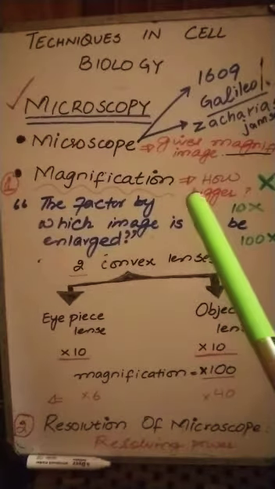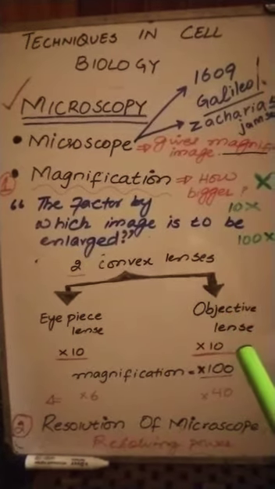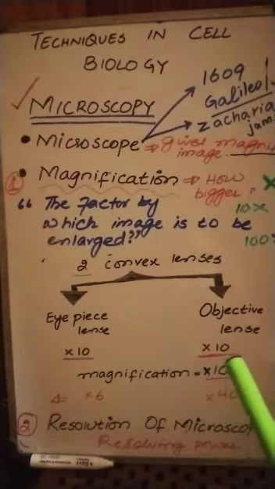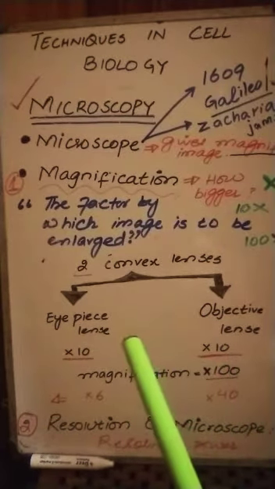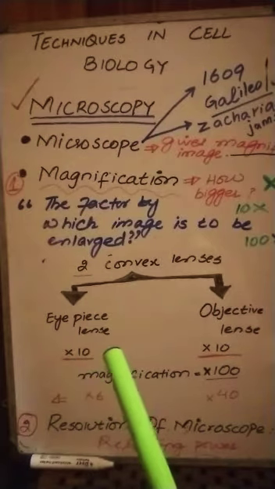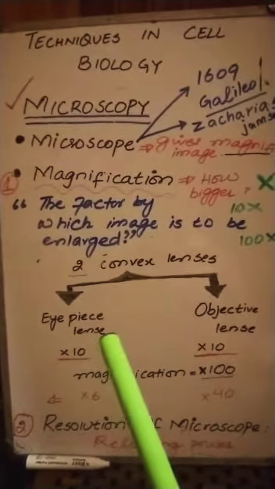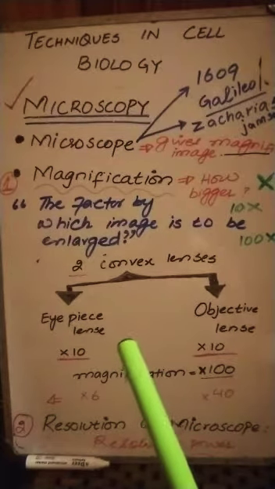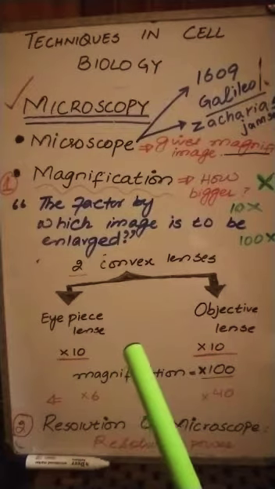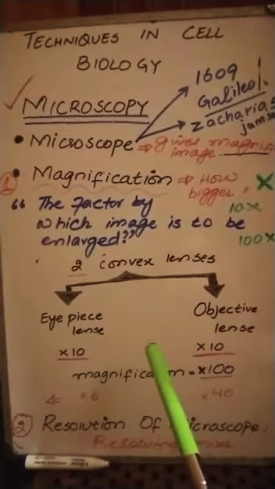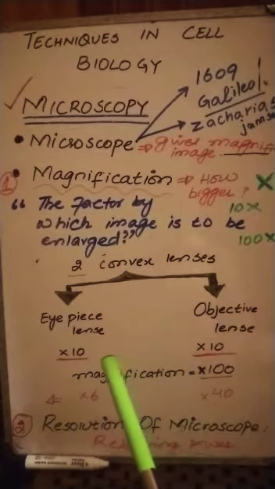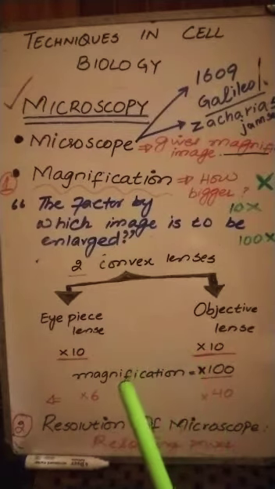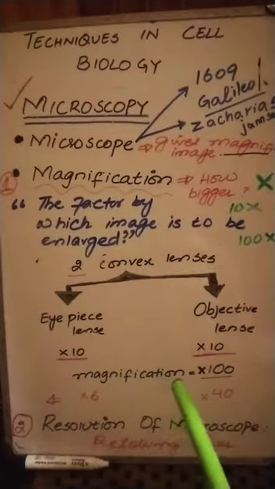In order to understand magnification, I am giving you an example. If the objective lens power is x10 and the eyepiece lens power is x10, what is the magnification of that image? How much bigger is the image made? We simply multiply these two lens powers, x10 multiplied by x10, and the magnification of that image will be x100.